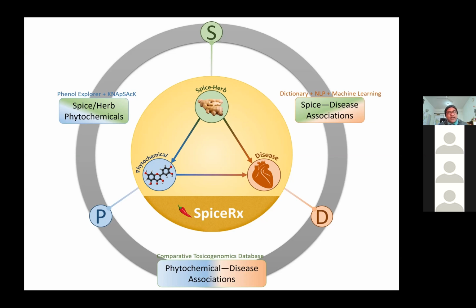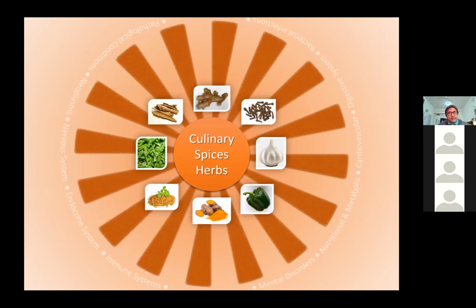With that, we are able to investigate this tripartite data in an interesting manner to come up with potential solutions. Our conclusion was that culinary herbs and spices tend to have a broad spectrum benevolent impact on a variety of health parameters such as the digestive system, cardiovascular system, nutritional and metabolic effect, mental effect, immune system related, endocrine system, etc.